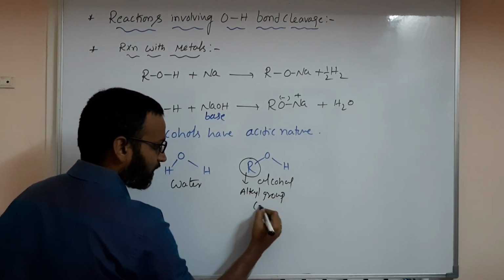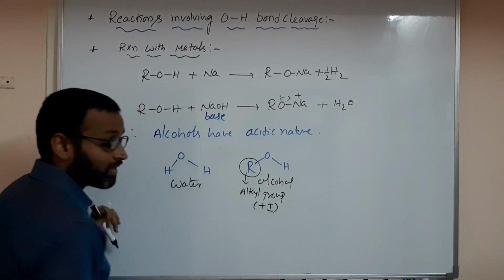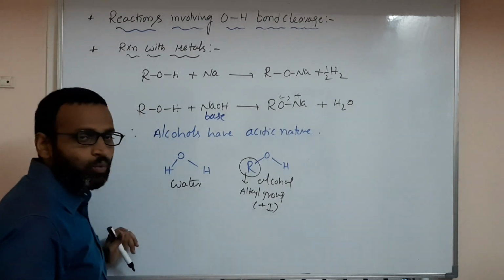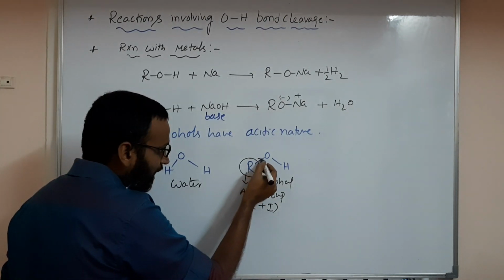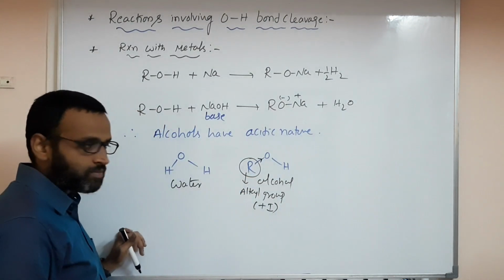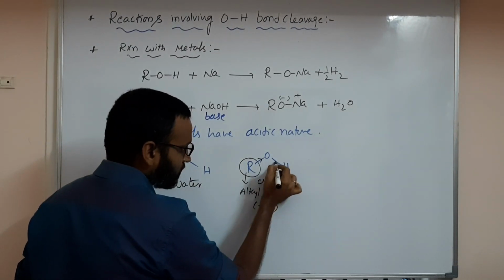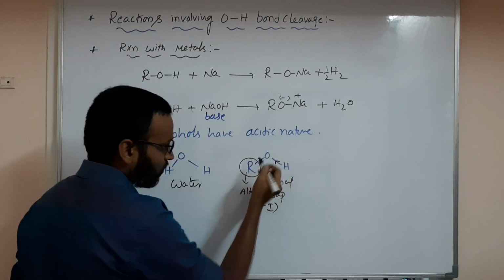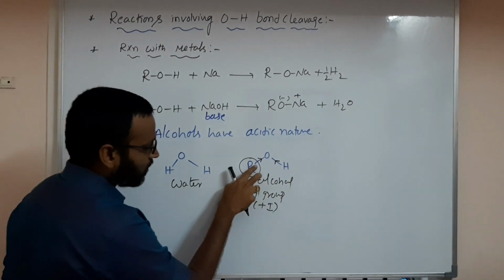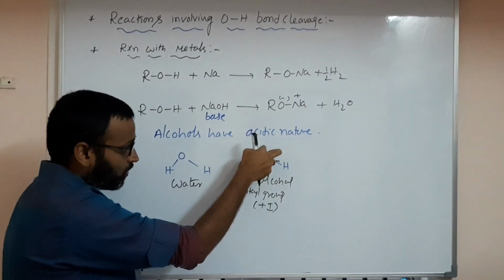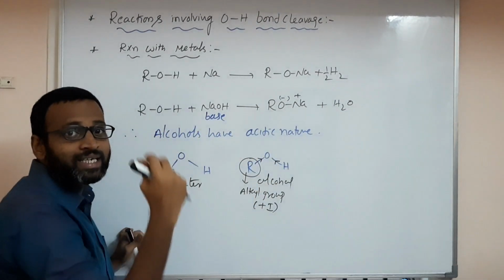Is the alkyl group a plus I group or minus I group? Plus I group. Plus I group means can it donate H plus? No. Why? The R group has a donating nature. These electrons are moving towards oxygen, and these electrons are also moving towards oxygen. So on oxygen electron density increases.